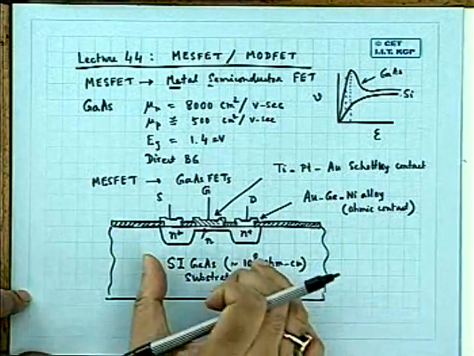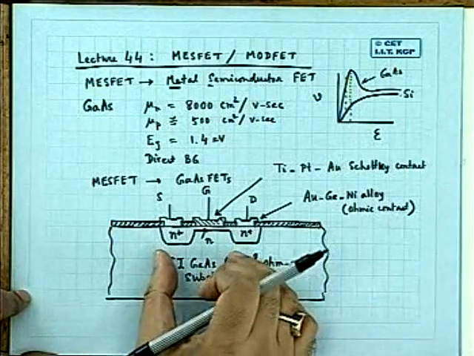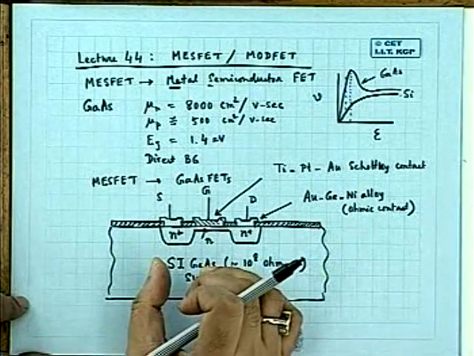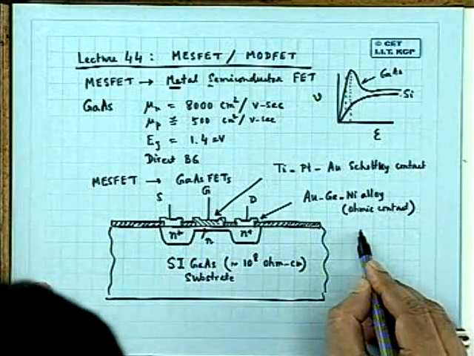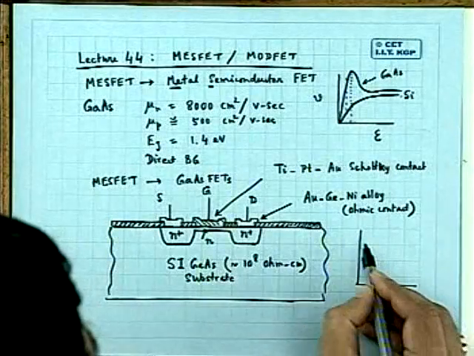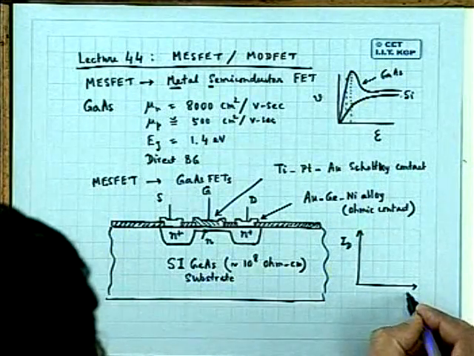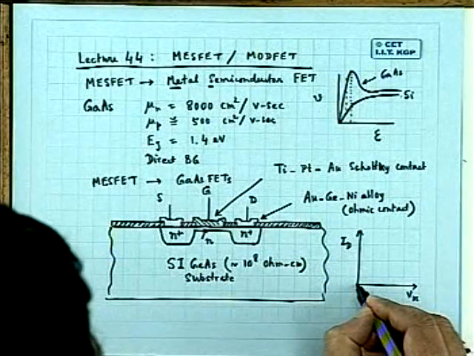So you are having a very similar structure to a MOSFET, almost looking like a MOSFET. And it is also a FET which will give you a current voltage characteristic very similar to a MOSFET or JFET, looking like this.